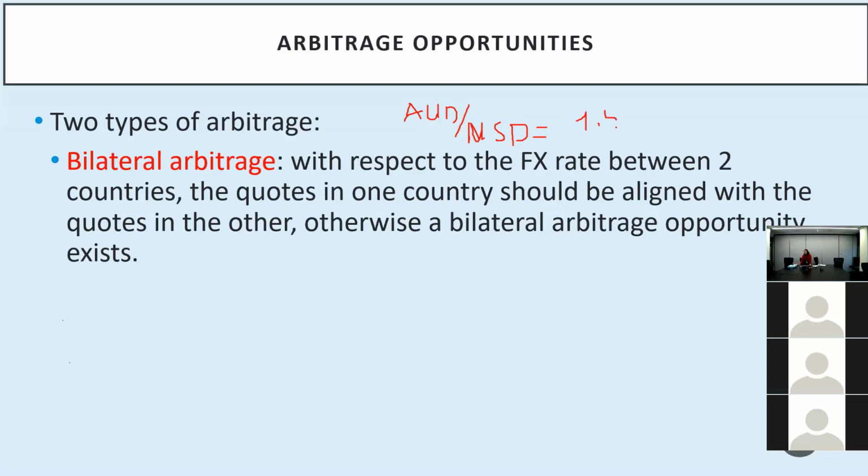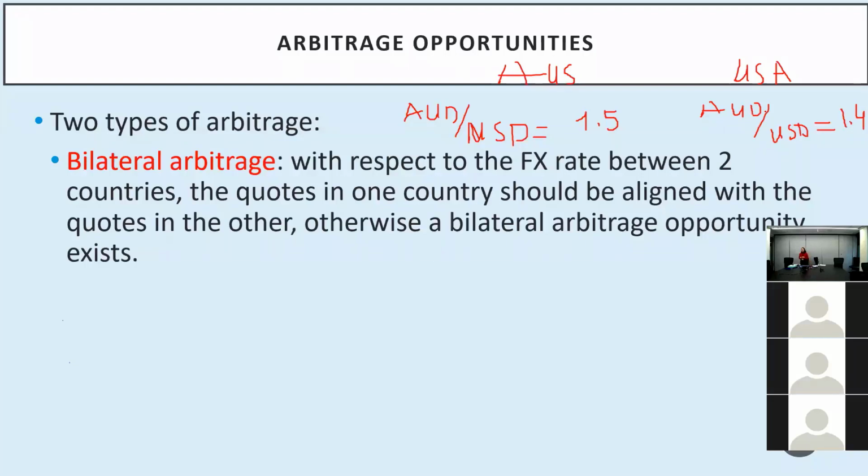So for every US dollar in Australia, you can trade it at 1.5. However, in the US, with the same currency, you trade it at 1.4.